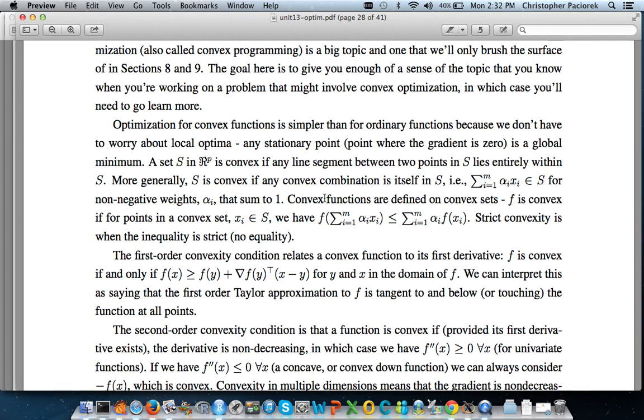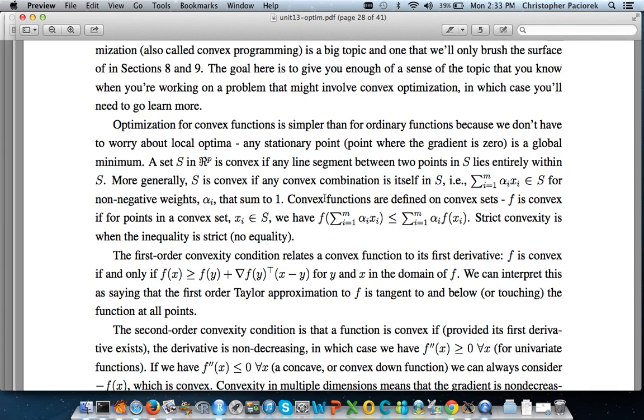Okay, so if you're optimizing over x in a convex set like this, you also need your function to be convex. What does that mean? Everybody's seen concave and convex functions, but there are a few ways of thinking about this that help with intuition. If I have a convex function and I take two points along that function and connect them, the line between those two points is above the function.